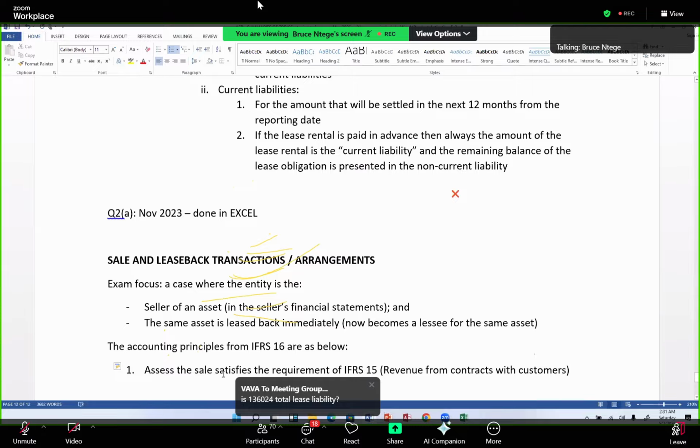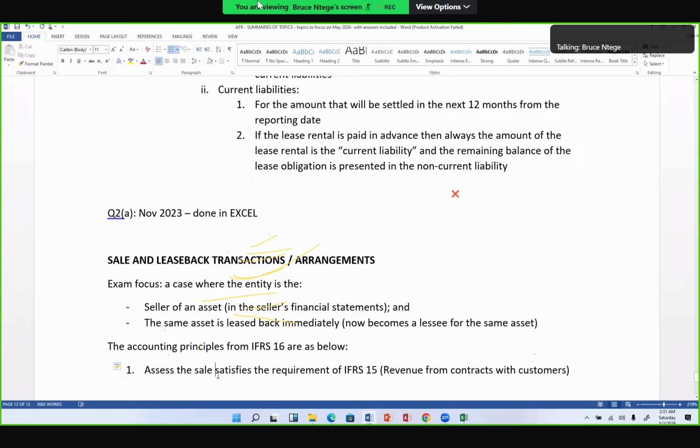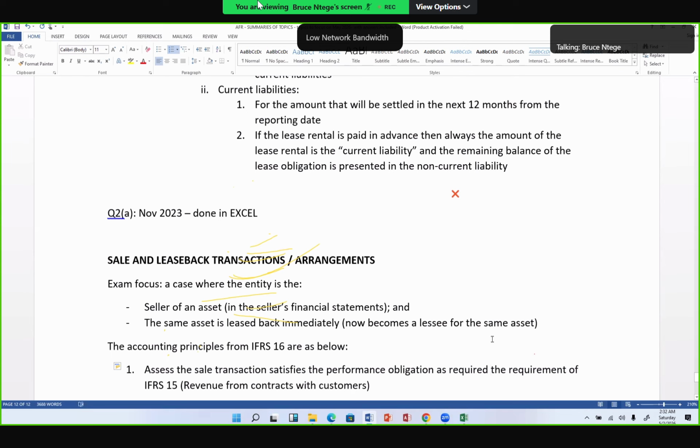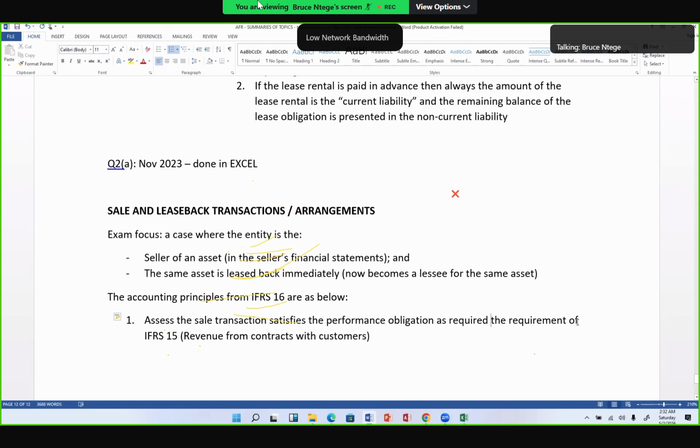So assess whether the sale transaction satisfies the performance obligation, which is a requirement. Satisfies performance obligation as required by IFRS 15 to qualify this as a sale.